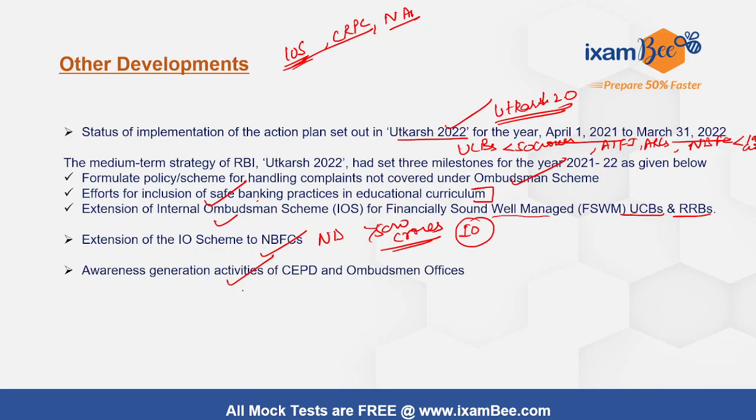The Ombudsman Speak event on World Consumer Rights Day was conducted as a financial awareness campaign by CEPD, being undertaken in the year 22-23, where the RBI Ombudsman interacted with the local regional channels in their respective regions on March 15, 2022, on World Consumer Rights Day. We have already spoken about that.